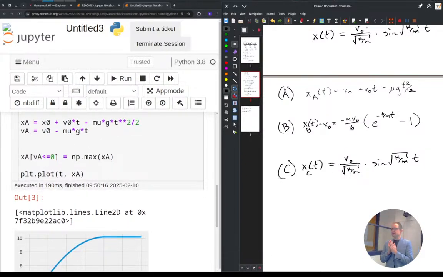So here, same thing that we had done in that first homework, where I'm saying, all right, if the velocity is less than 0, then just set it to whatever that max xa was.